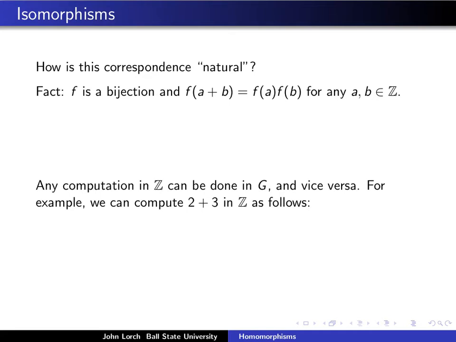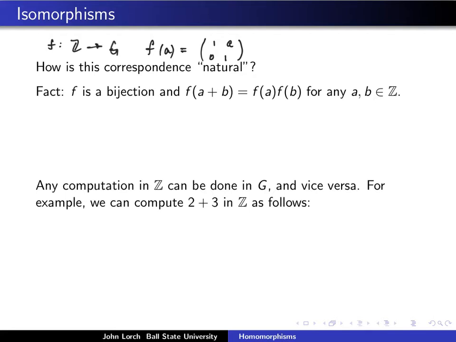On the previous slide, we had a natural correspondence, f, from the group of integers to this group of upper triangular matrices given by this. So f takes an integer a and sends it to this special upper triangular matrix that has ones on the main diagonal and an a in the upper right entry.